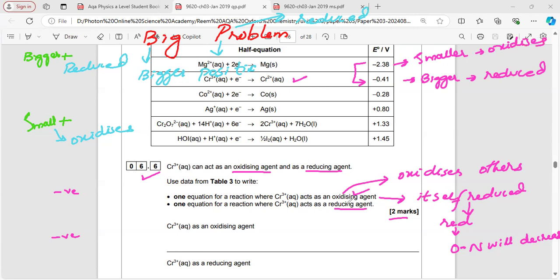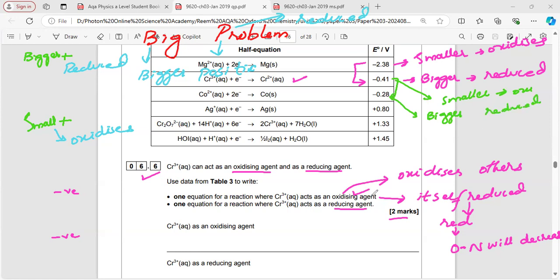The oxidizing agent oxidizes others, and itself is reduced. If I choose these two values, this one is smaller than minus 0.41. The smaller should be oxidized, while this one is bigger, and the bigger should be reduced.